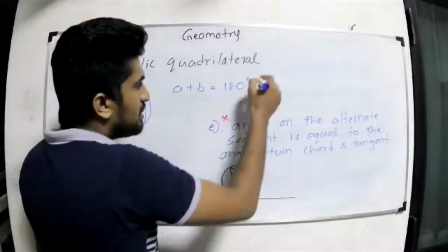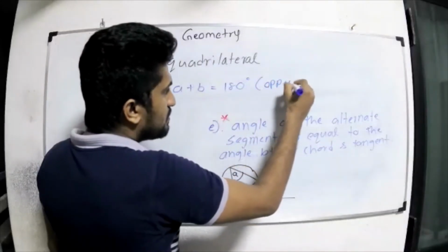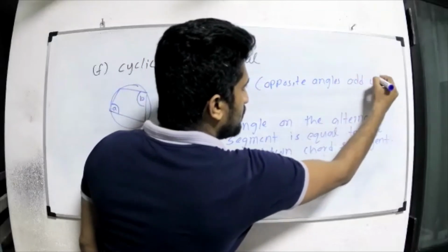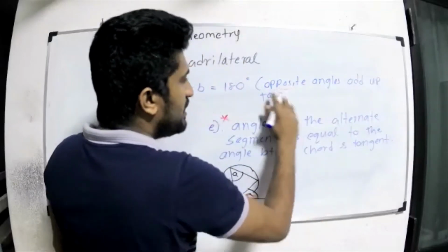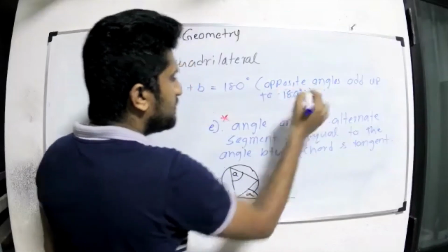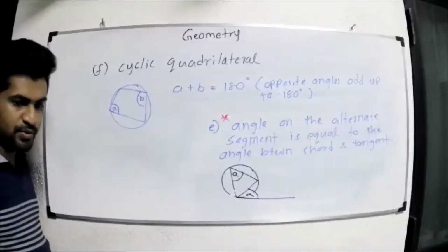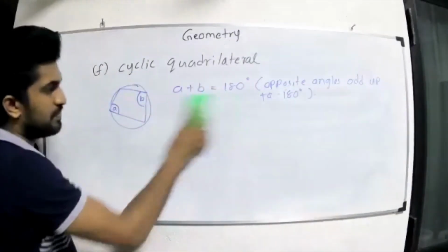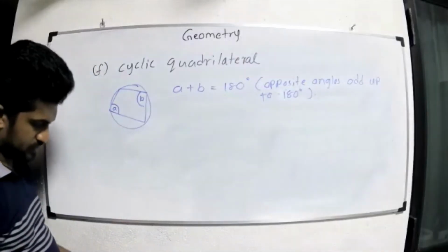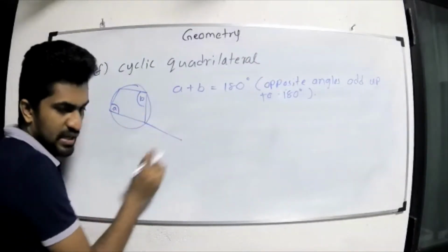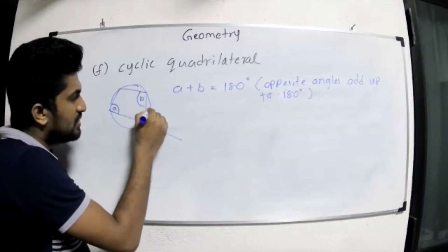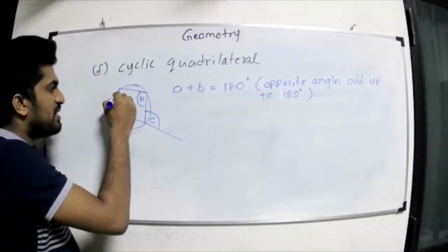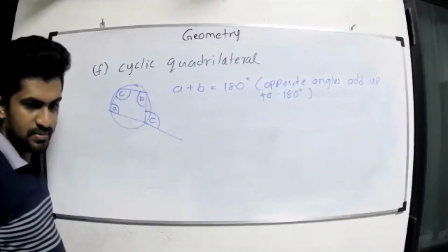In a cyclic quadrilateral, opposite angles add up to 180. In a cyclic quadrilateral, if I extend one side, and this exterior angle is C, the exterior angle equals the interior opposite angle.